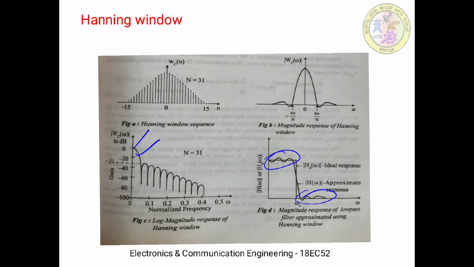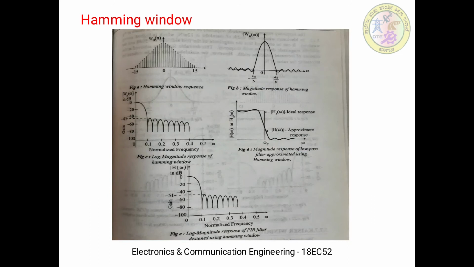So the magnitude response of the LPF designed using the Hanning window is as shown in figure D. What we have to note is the improved stop band attenuation characteristics, and it is given that the largest peak is approximately 44 dB relative to the pass band levels. These are the characteristics of the Hanning window function.